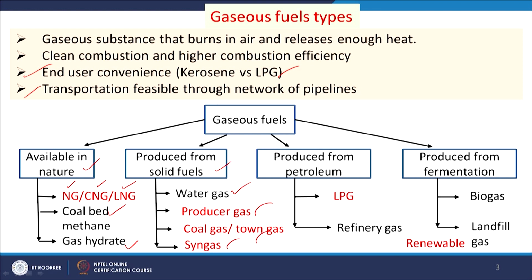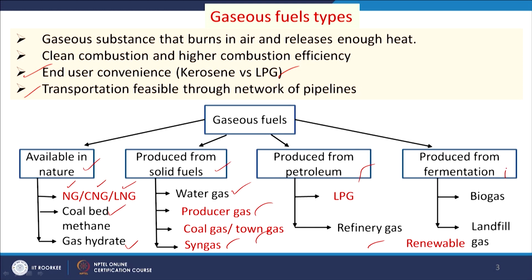Already we have discussed how coal gas, producer gas, syngas etc. can be produced from coal and pet coke. From petroleum we can get LPG and refinery gases.